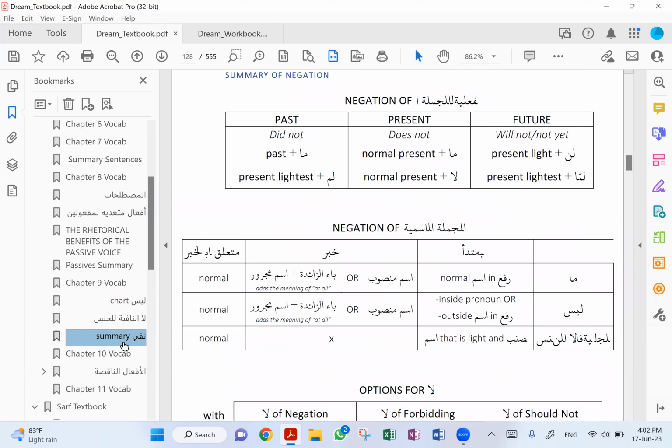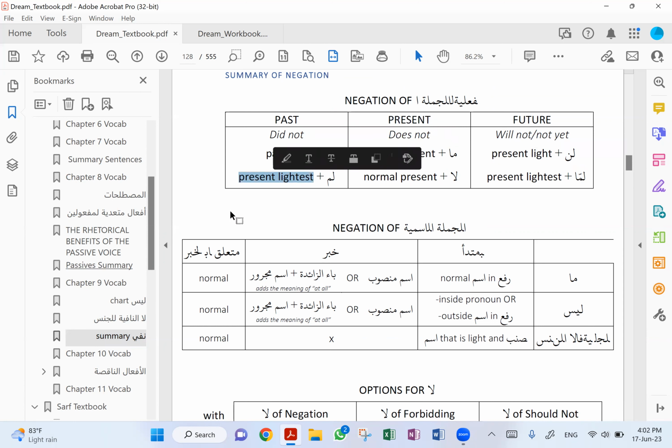So let's look at the whole summary. When we're negating jumla fi'liya, we have the past, the present, and the future. Those lamma also. When you're doing past, you have ma plus mudari', and lam plus mudari' majzoom.